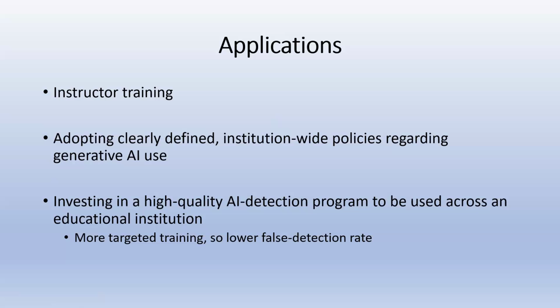So there are a few different applications that can be made from these findings. The first of which, of course, is instructor training. We are very quick as instructors these days to jump to the assumption that students could not possibly be writing as well as they are, and that we should immediately jump to checking all work for possible AI generation.